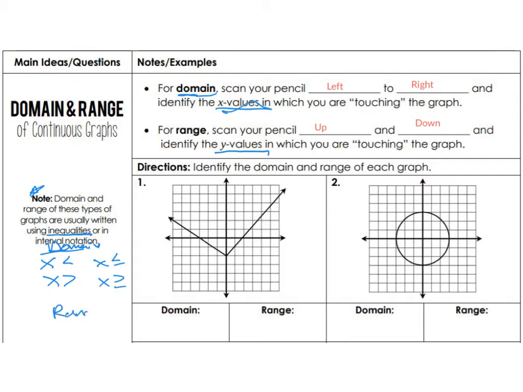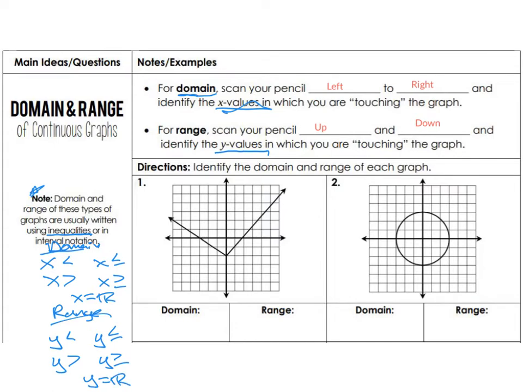And when we talk about range, since range is talking about y values, we'll have things like y is less than, y is greater than, or we might have y is less than or equal to, y is greater than or equal to. So let's take a look at domain. We may also have instances where your x's could be all real numbers and your y is all real numbers.